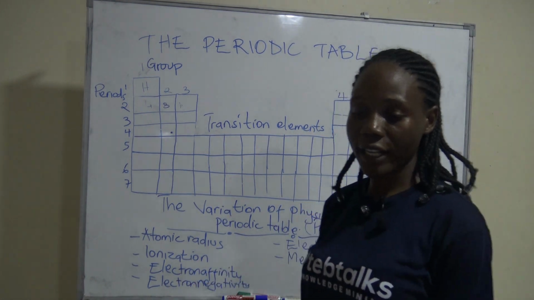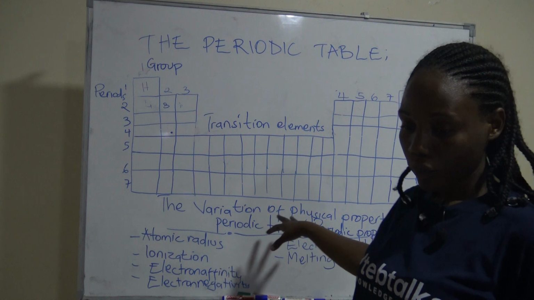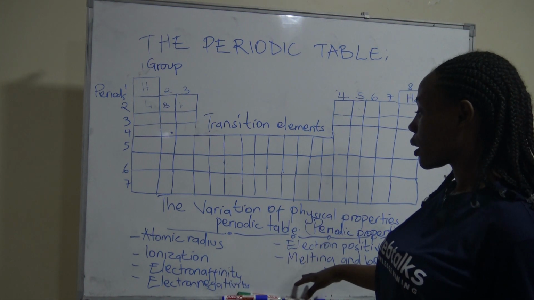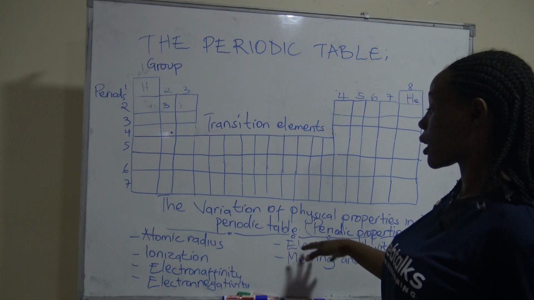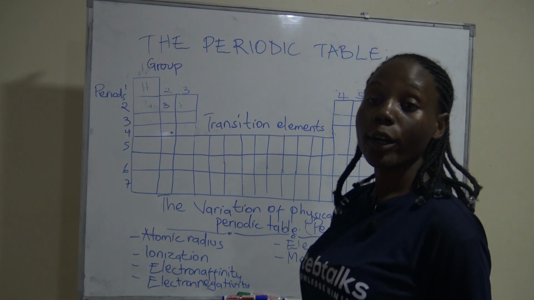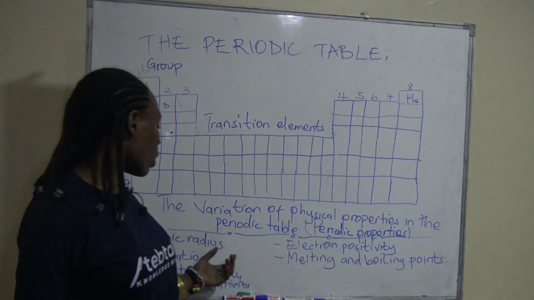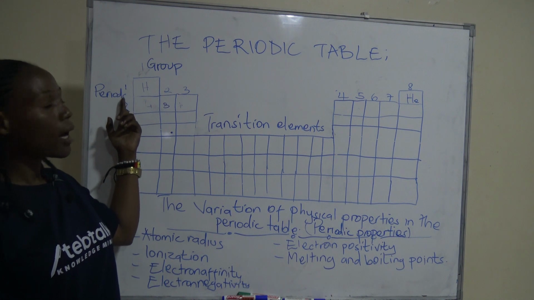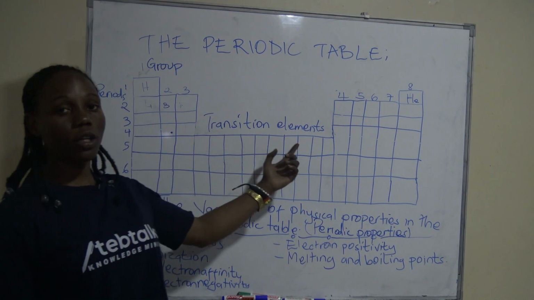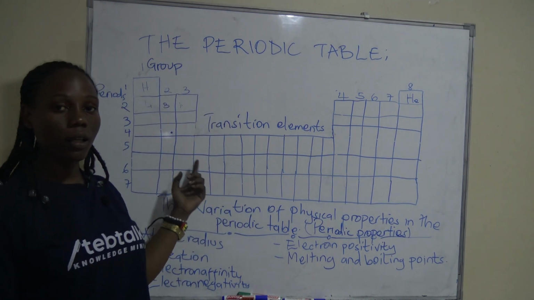So these are the various properties of the periodic table. So we are going to look at how atomic radius varies across the period and down the group. We will see what ionization energy is, and how it varies across the period and down the group.